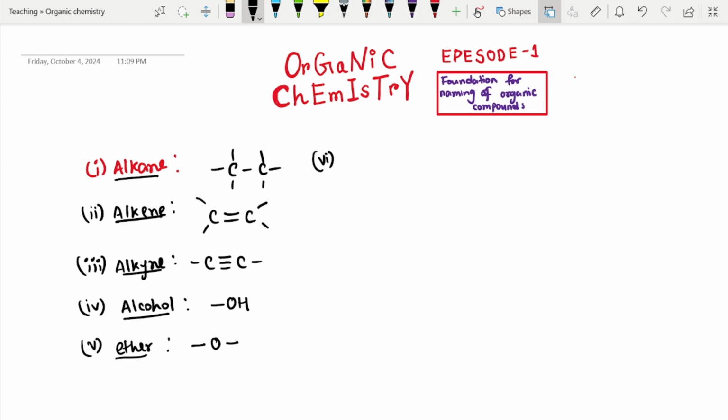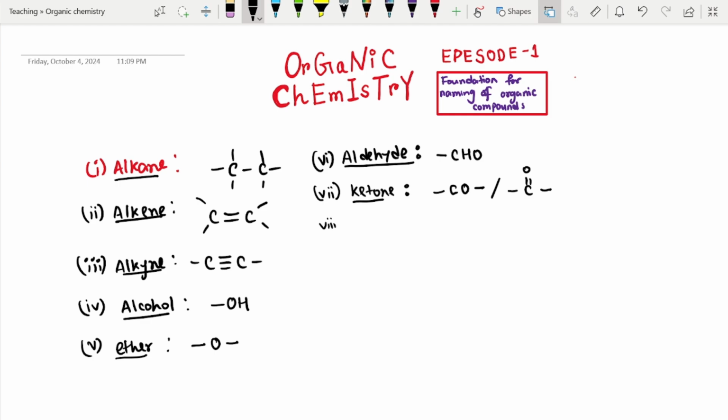Number 6 is aldehyde, which is bond CHO. Number 7 is ketone, which is bond CO bond. Okay, you can also write ketone like this.